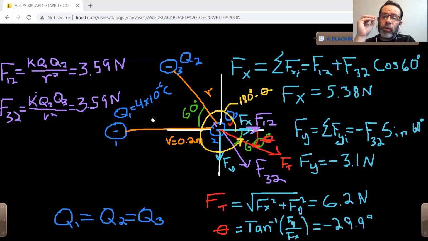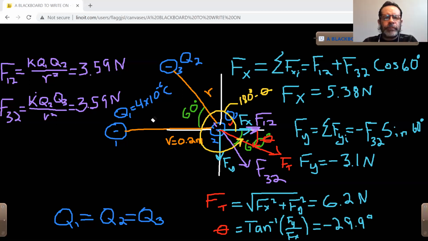But right now, remember, we do the free body diagram in the place where we are doing the analysis. So right now, we're just focusing on Q2. Okay. Questions, additional questions? No. Okay.